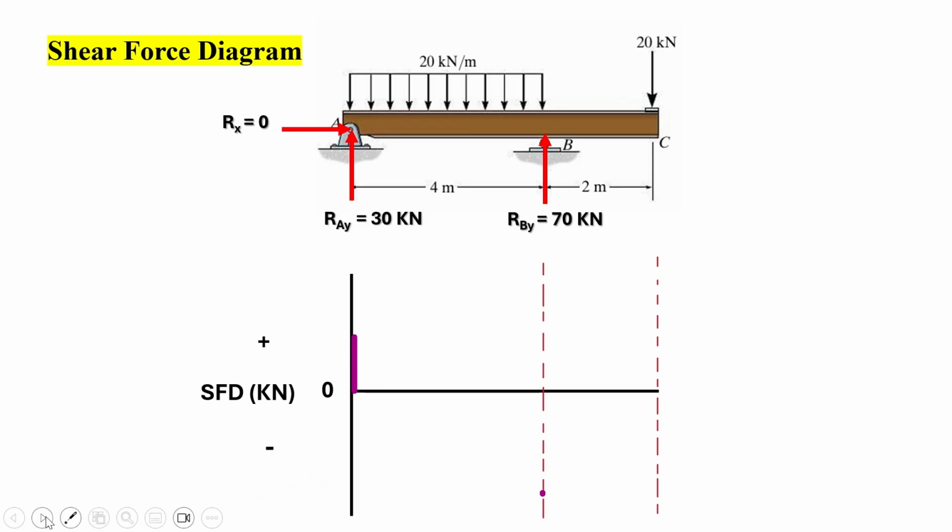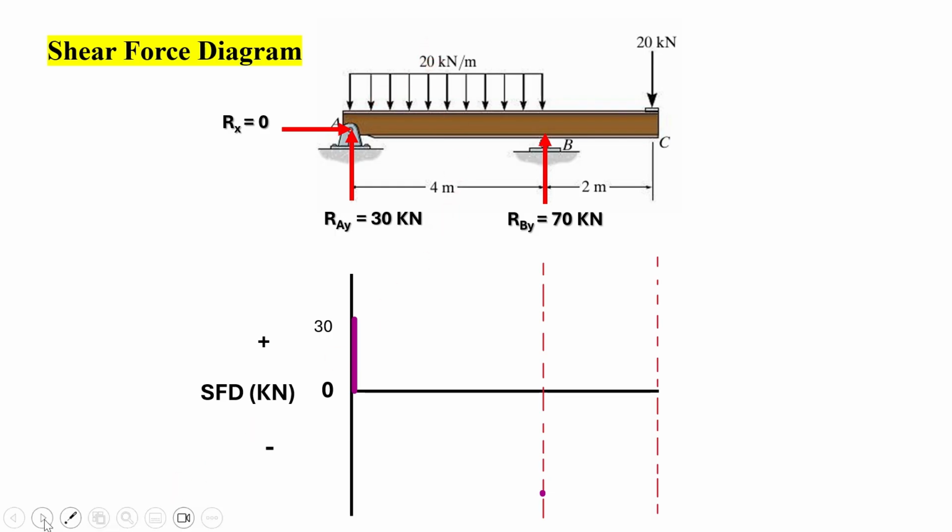Here you can see that up to 30 kilonewton. Now we have plus this 30 and we have this uniformly distributed load which is directing downward. So this plus 30 minus, because it's directing downward, so this 30 minus the area of this rectangle, which is 20 into 4.